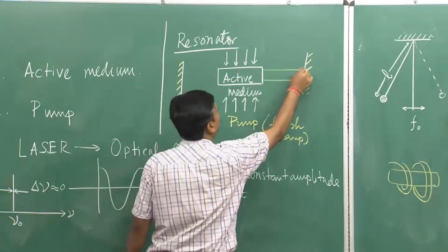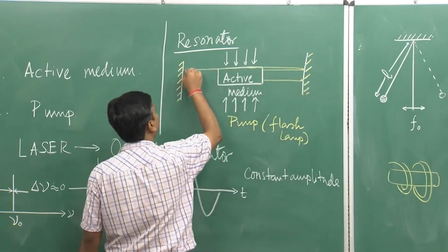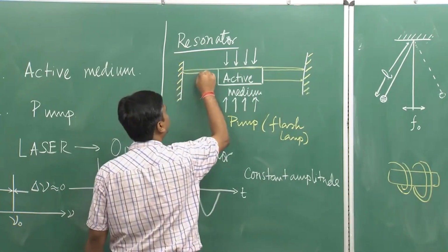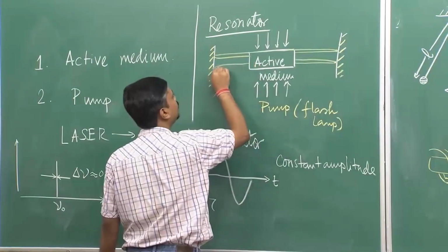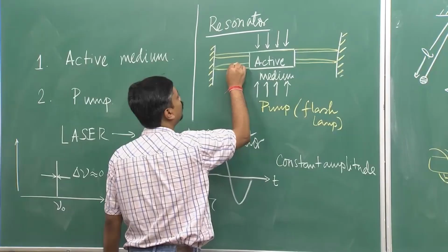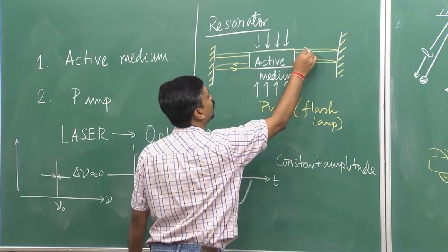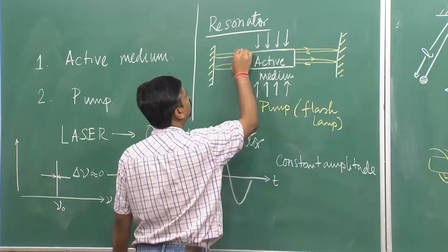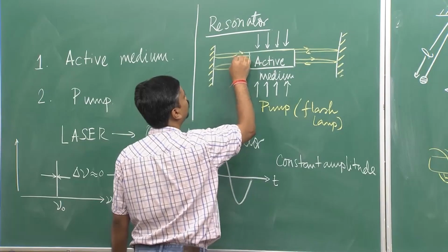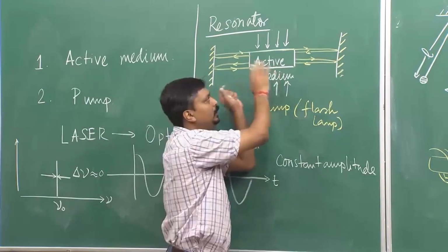So this will again reflect back, go through this system, and again hit it, and again it will come back. So there will be round trips, right? The photons that are coming out as a stimulated emission will keep going.